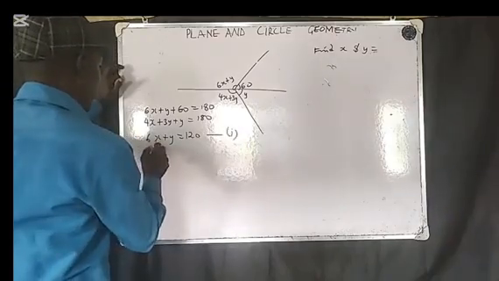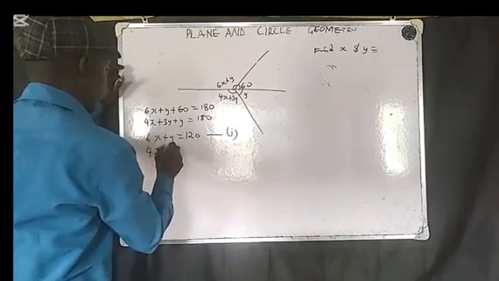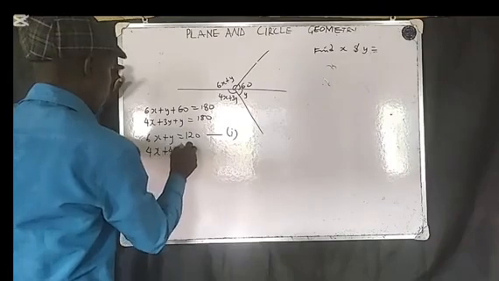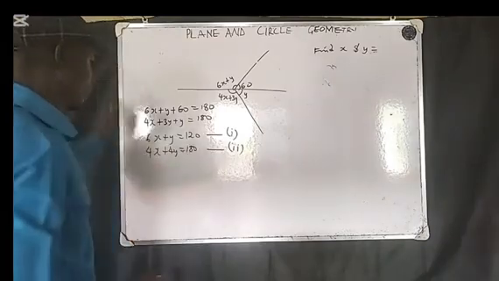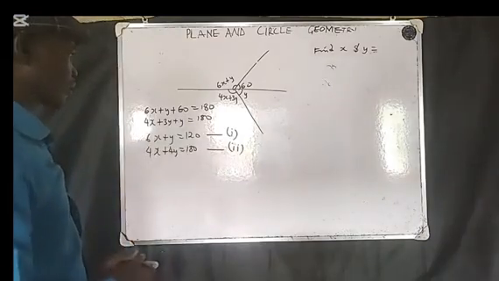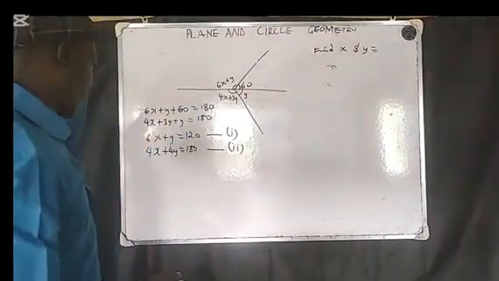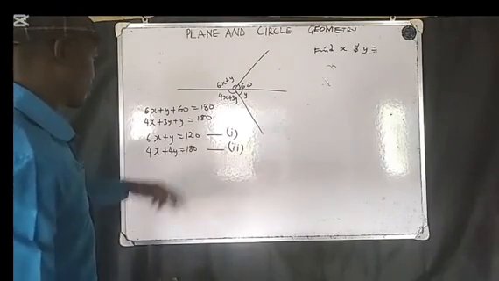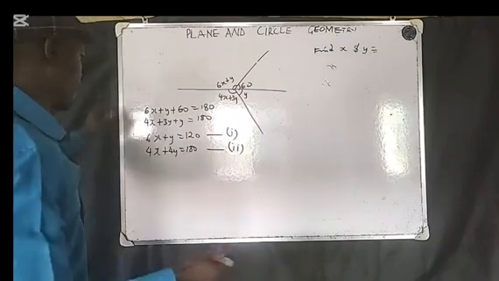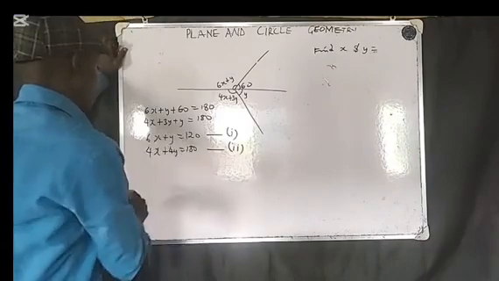Then 3y plus y will give us 4y, so 4x plus 4y equals 180. That is equation 2. So we can solve this simultaneous equation and find our x and y. Let's make y the subject using our substitution method.